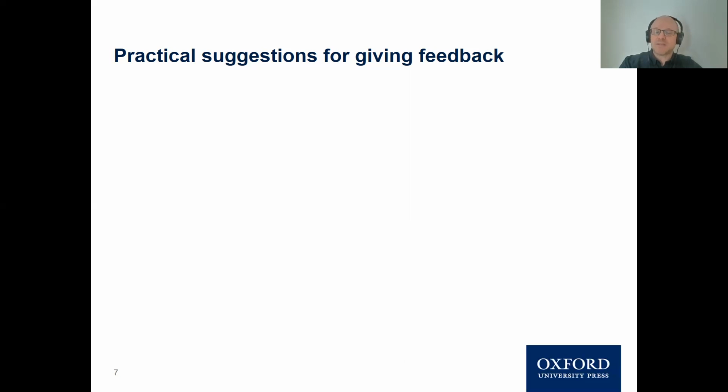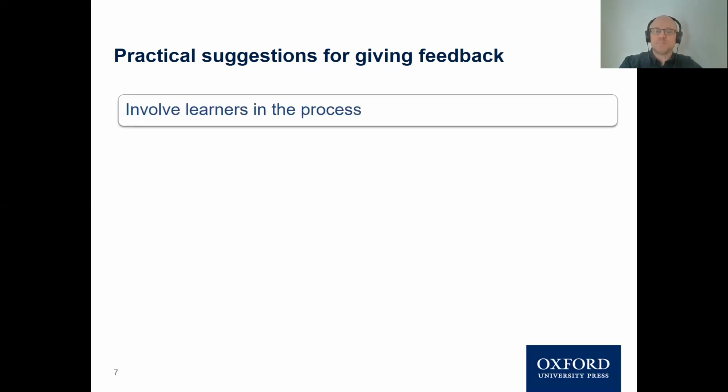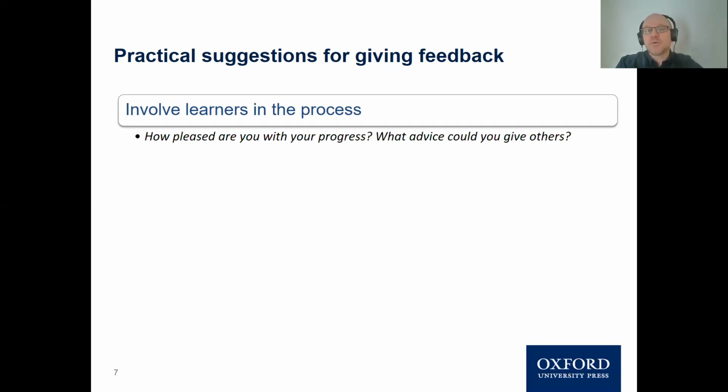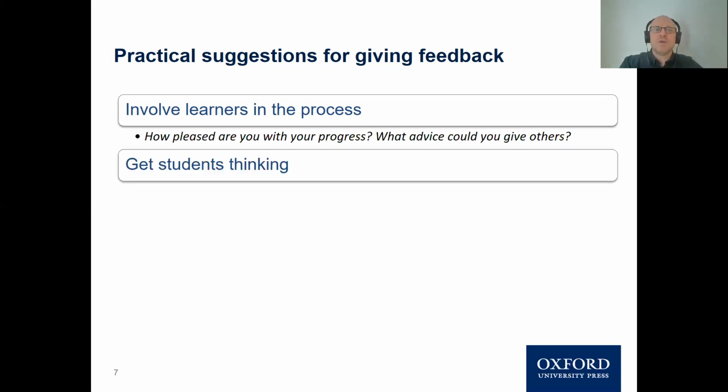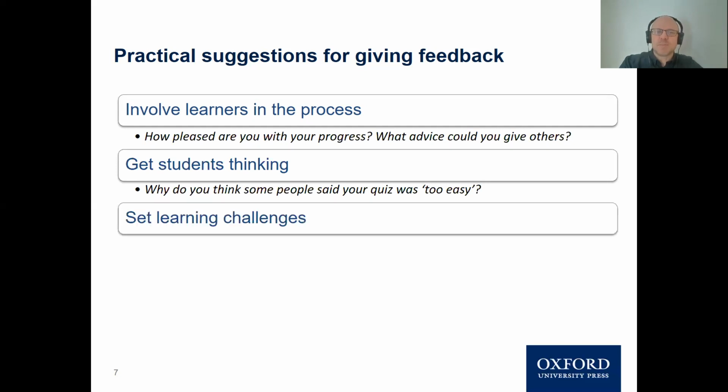Here are some practical suggestions. For involving learners in the process, ask a question, for example, "How pleased are you with your progress? What advice could you give others?" For getting students thinking, you could ask, "Why do you think some people said your quiz was too easy?"